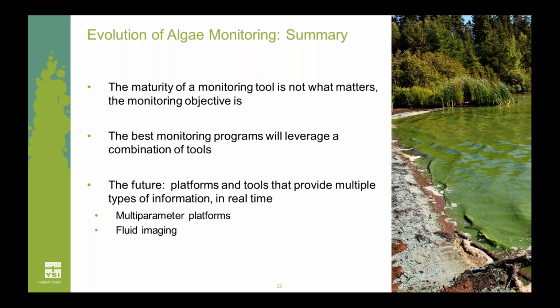So in the future, people will want platform-based technologies that give you more than one type of information. And ideally, you'll get that information in real time. So these include multi-parameter platforms like YSI's EXO sondes that I'll talk a bit about today, as well as fluid imaging technologies like the FlowCam that I just mentioned. So that was an overview.